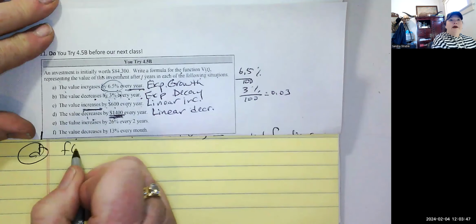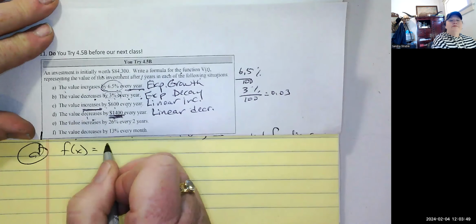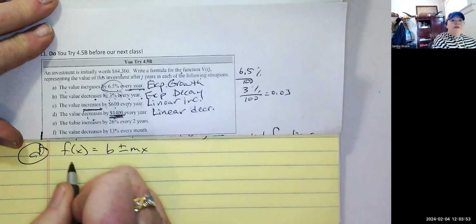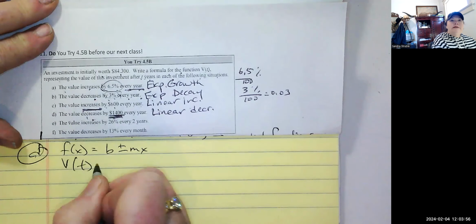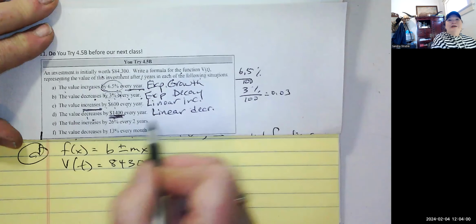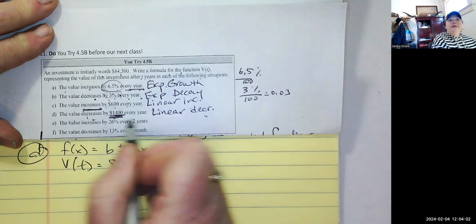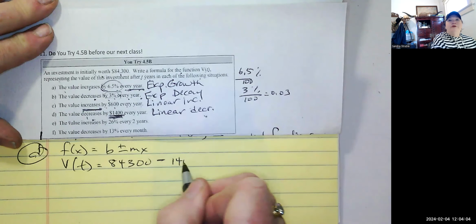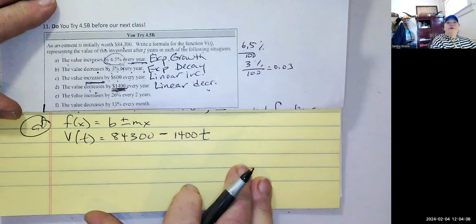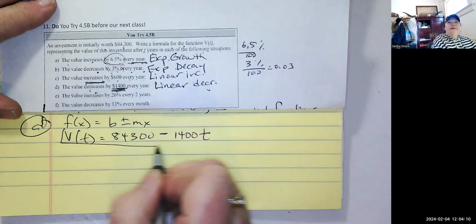So I'm going to use f of x is equal to b plus or minus mx. Again, just make sure you have your linear functions. So v of t is equal to the initial value of 84,300. It's decreasing, so it's minus, decreasing at $1,400 per year. Okay, so there is my linear function for D.